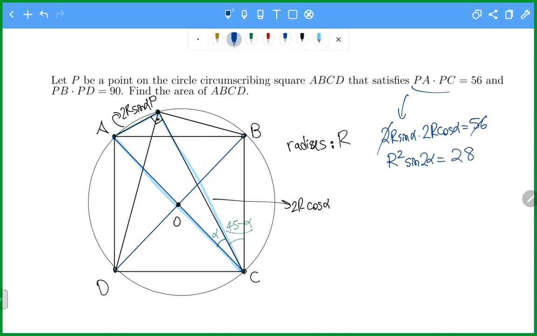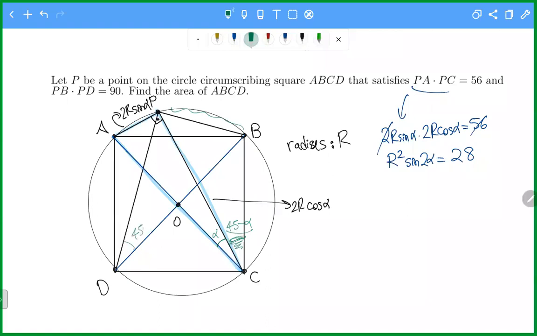Right. Let's do the same trick, but now let's use a different triangle. So from the circumscribed angles, this angle is facing this arc here, so is this angle.